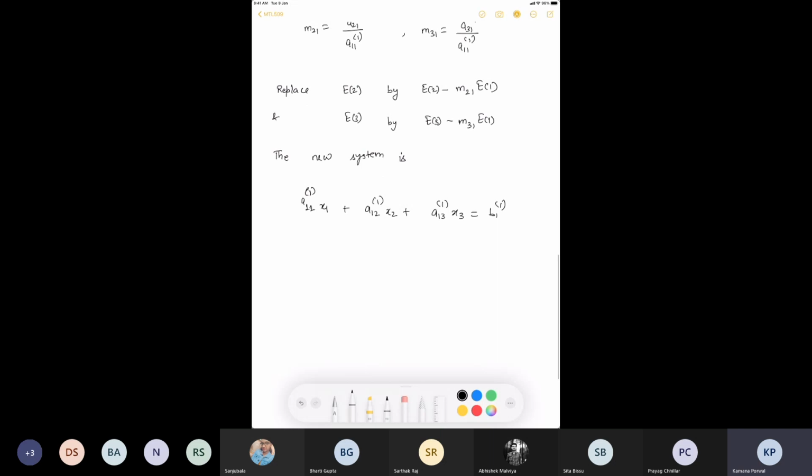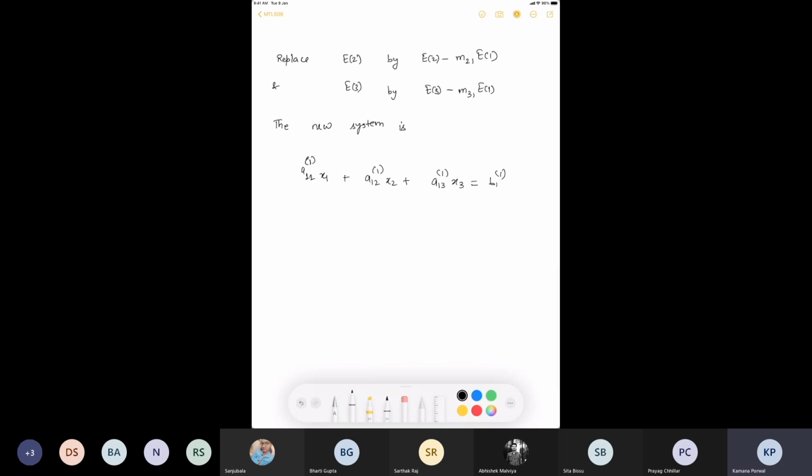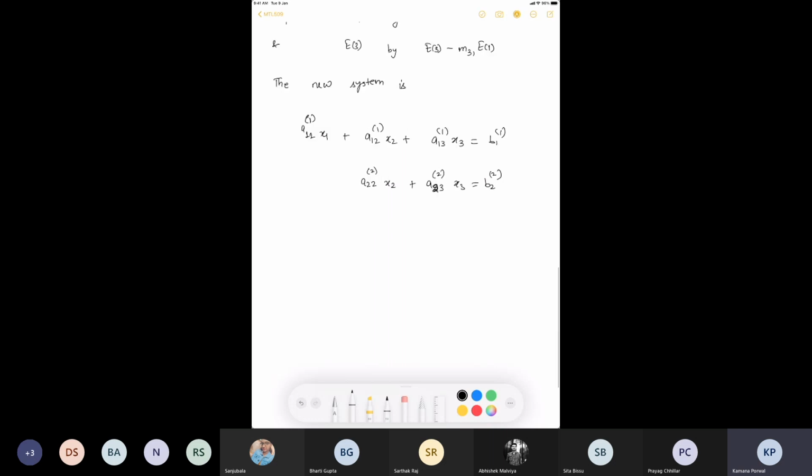Now for the second equation, let's call the new coefficients A22^2 x2 plus A23^2 x3 equals B2^2, and the last equation is going to be A32^2 x2 plus A33^2 x3 equals B3^2.